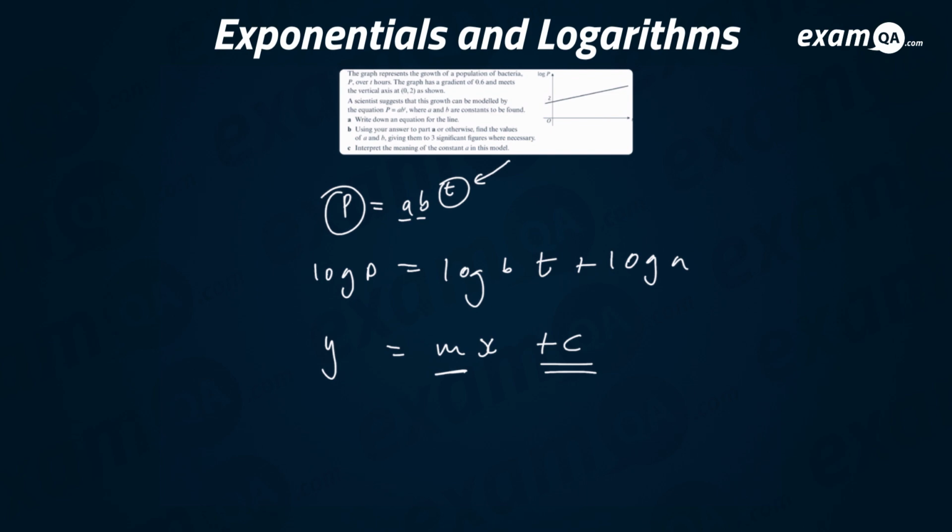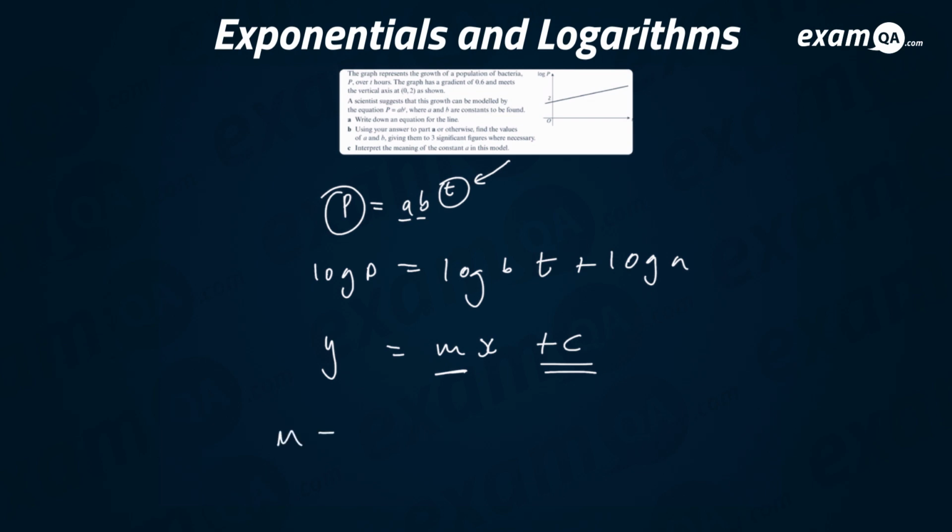Part B: using your answer in part A or otherwise, find the values of a and b, giving them to 3 significant figures where necessary. What they're trying to say is work out what a and b are, because they've given you a lot of information in the first 3 or 4 sentences. They said that the graph has a gradient of 0.6.